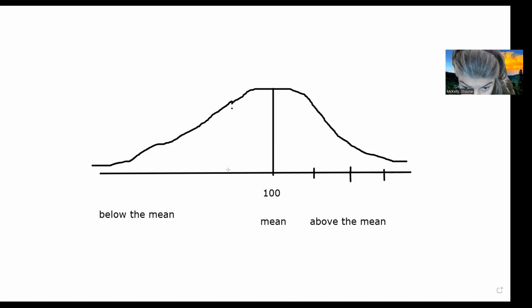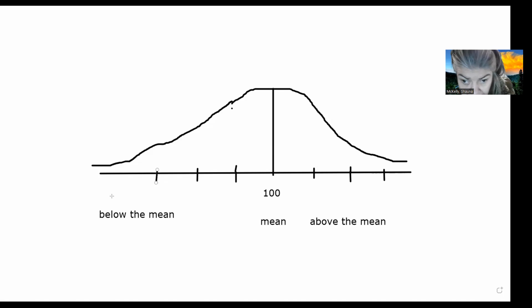standard deviations. Now I'm going to do the same thing on the other side. Try to make them uniform. This takes a little bit of practice to draw this, but you want to try and get this symmetric in the middle is what you want to try and do. So here you have the 3 standard deviations.